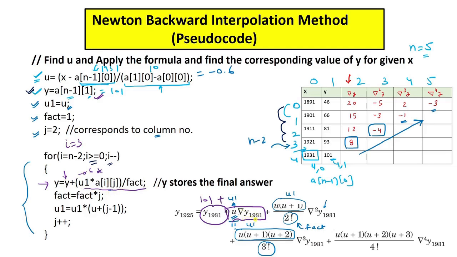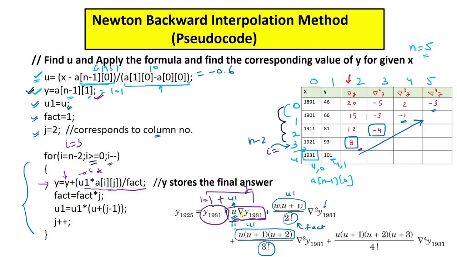Aij is the del of y 1931, so my i is 3, that is n minus 2, and j is 2. So this 8 is aij. Aij divided by fact, and fact is actually 1, so this is simply 1. So I am saying 101 plus all of this, and whatever answer comes, it will be saved inside y. So y is the sum of these terms.